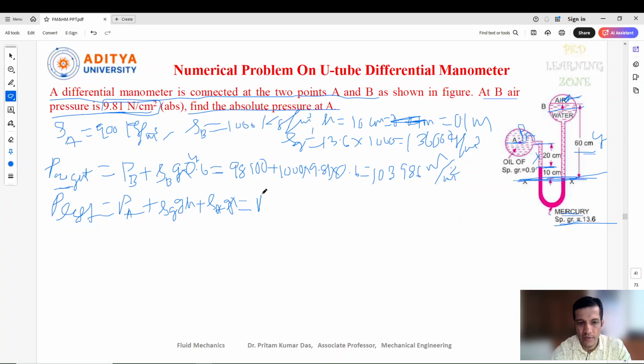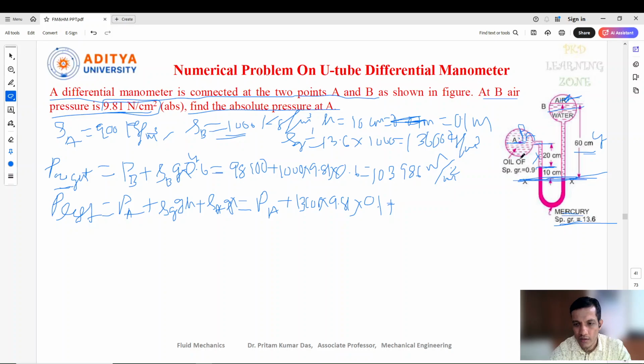So PA equal to PA plus rho g, 13,600 into 9.81 into height h 0.1, plus similarly for this one, this value is rho A. Rho A is given how much?